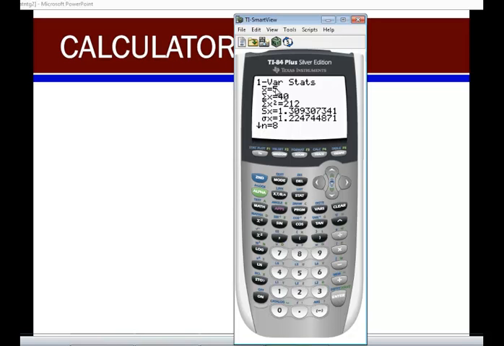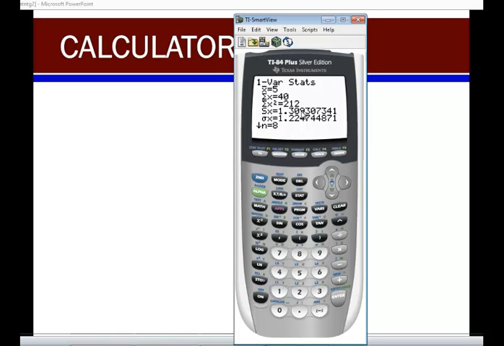The mean is 5, and the sum is 40. Remember when we added those numbers together, we got 40? And the standard deviation is approximately 1.309.